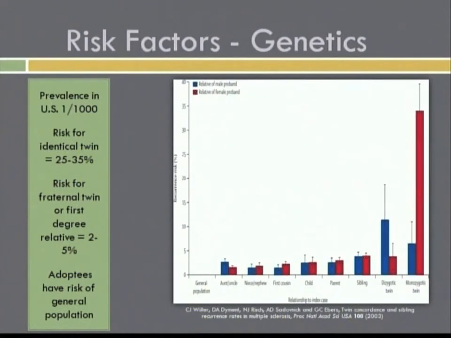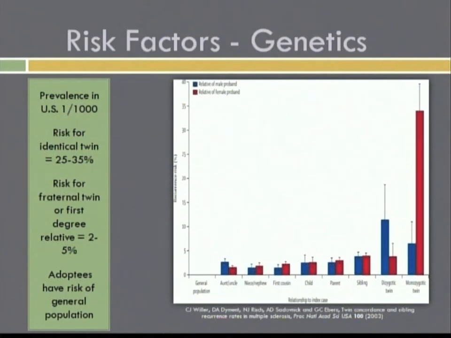And so in terms of genetics, this is a bar chart that shows the risk based on the relationship of a person to the MS patient. So overall in the US, the risk for MS is about 1 in 1,000. But then the risk for an identical twin, so that's a twin that has the exact same DNA, is about 25 to 35%.